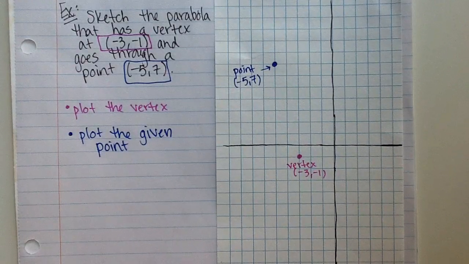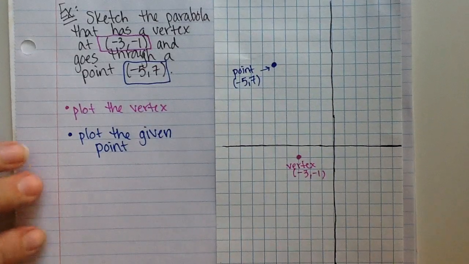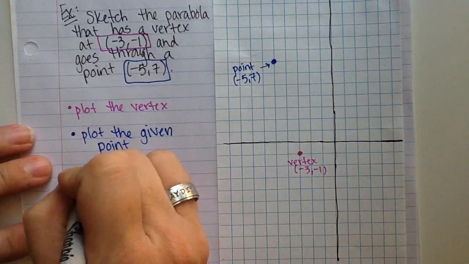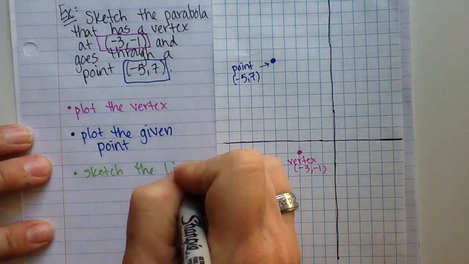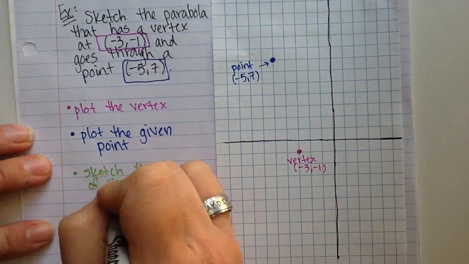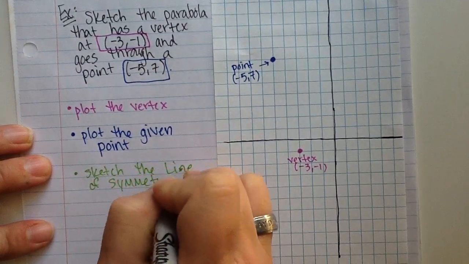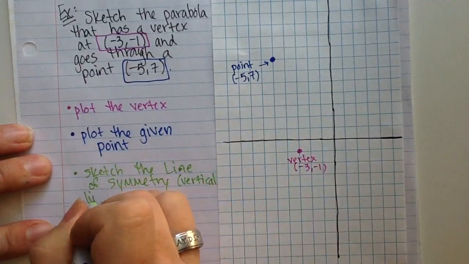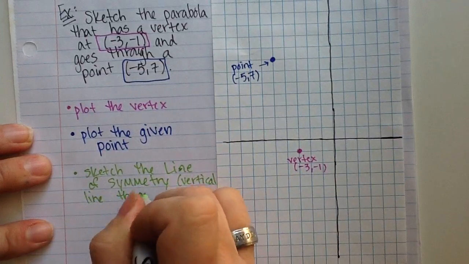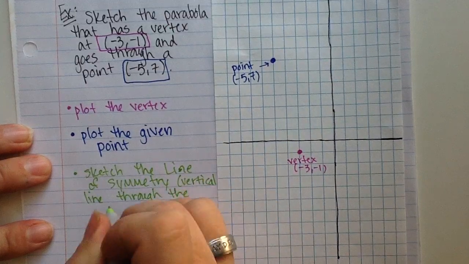And then the next thing that I'm going to do is, since these parabolas have to have symmetry across their line of symmetry, I'm going to go ahead and sketch the line of symmetry. Now, if you remember, the line of symmetry is a vertical line that goes through the vertex.